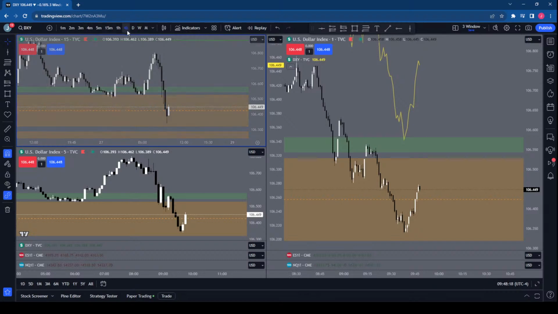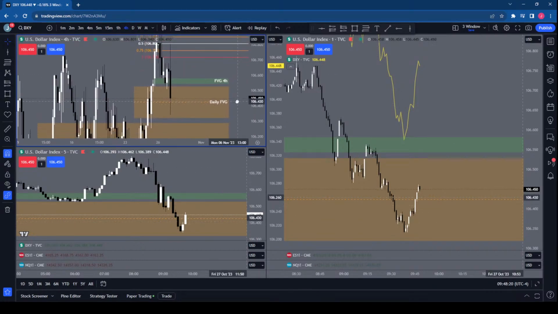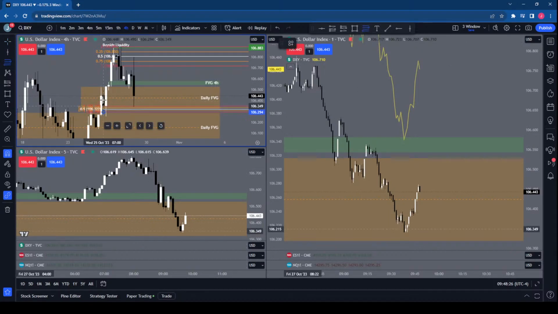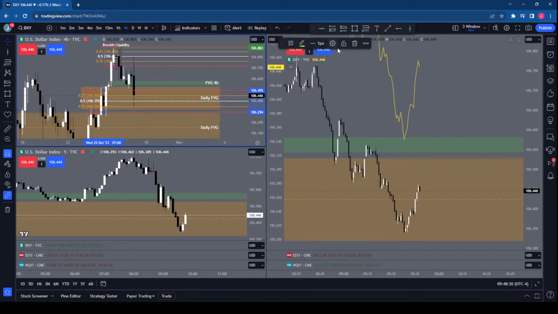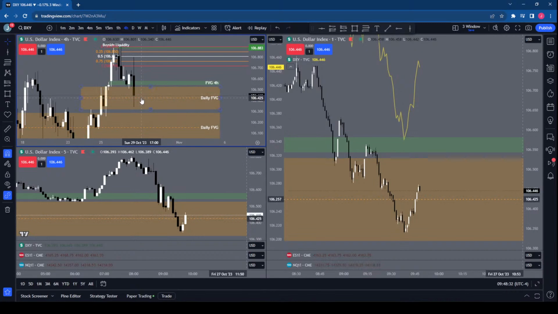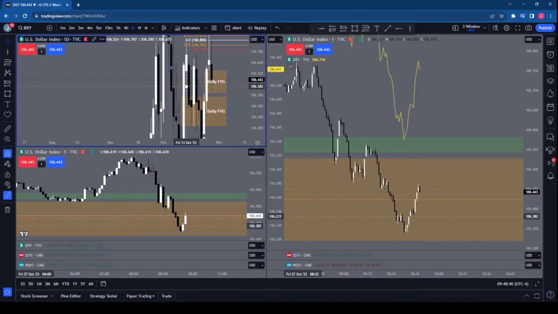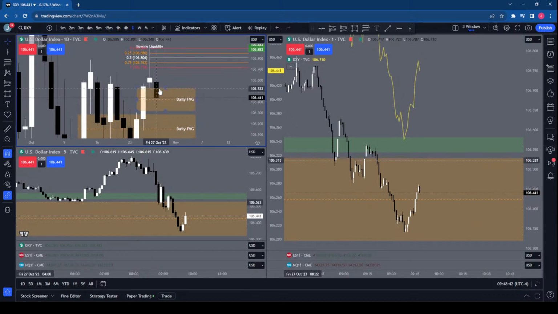So on the dollar, we came down and looked into the bottom portion of this fair value gap. I think I said earlier in the live stream, where this is a 4-hour, that where this daily candle on the dollar closes in respect to this daily fair value gap will be significant in how next week looks.